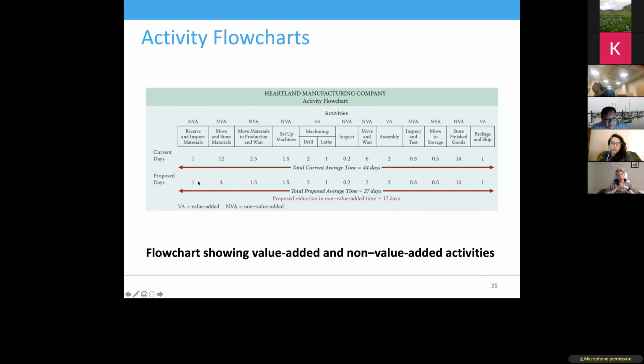For this example, they are trying to reduce the time for the production from the beginning to the end. They come up with this flow chart, and the goal for them is to try to reduce the amount of time for those non-value added activities.